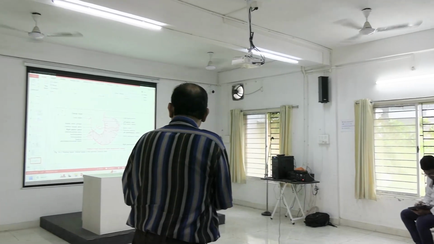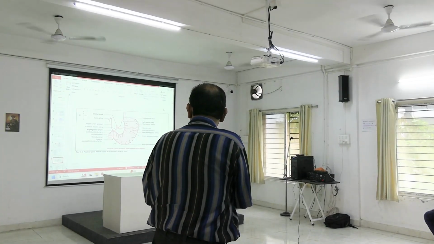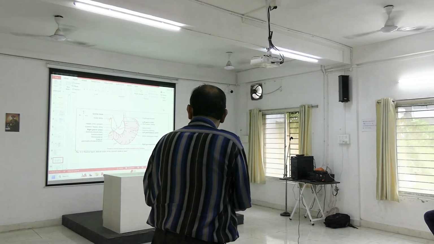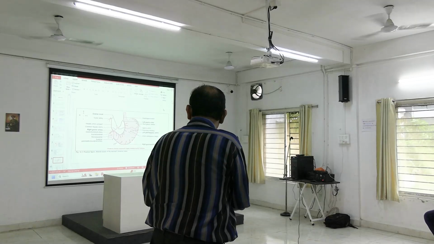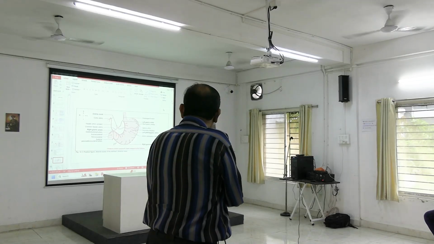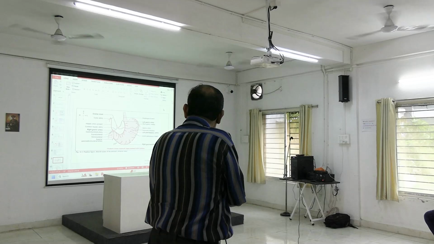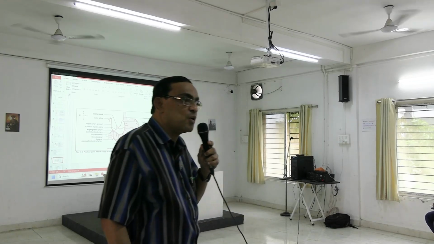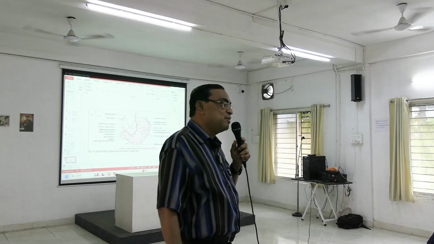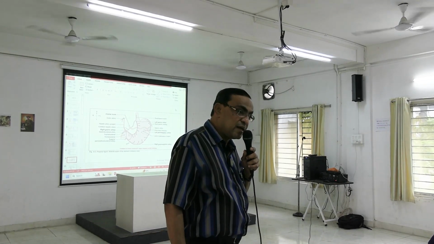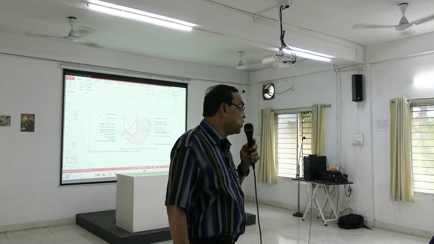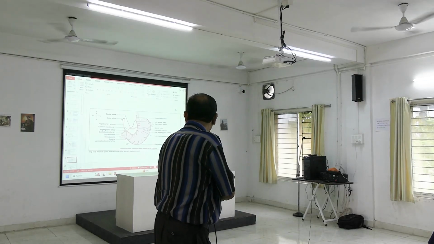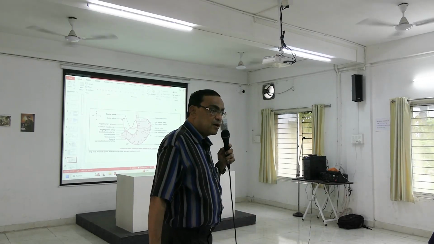Similarly, we get this artery which is coming from the gastroduodenal artery. We know this is the right gastroepiploic artery, and this is another artery which is coming from the splenic artery, which is called the left gastroepiploic artery. So there is another anastomosis along the greater curvature of the stomach, between the right gastroepiploic artery and the left gastroepiploic artery. So these are the branches of the celiac trunk.